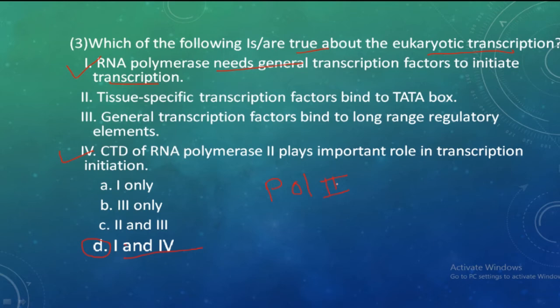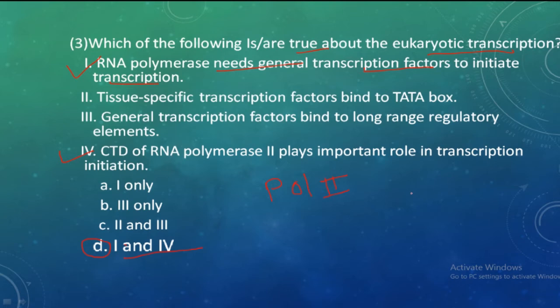And if we talk about the first option, which is about the transcription factor, we know that transcription factors are required to initiate the transcription process. So in case of eukaryotes, the first transcription factor that comes and binds is transcription factor 2A.